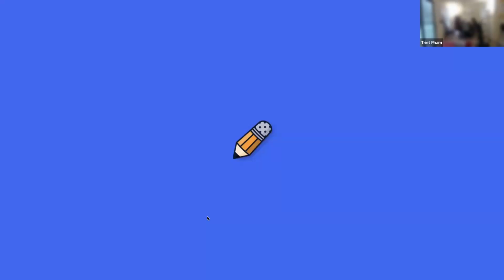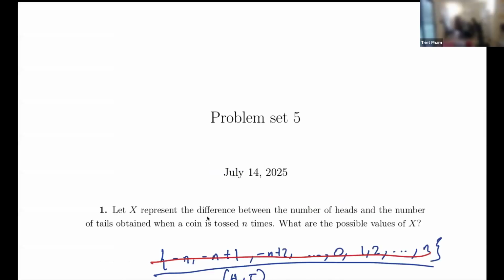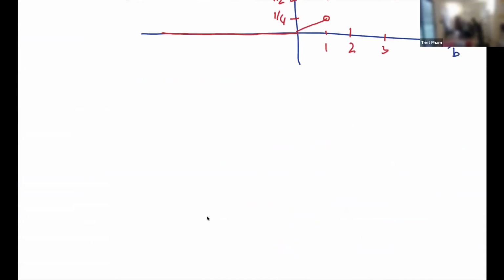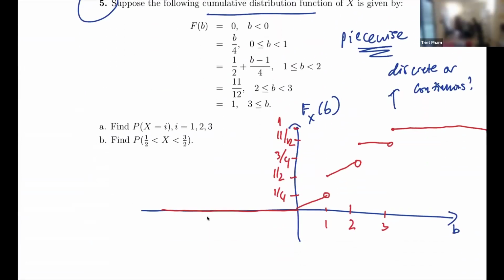So back to this graph. What do we see? Is it a pure jump function? Answer?